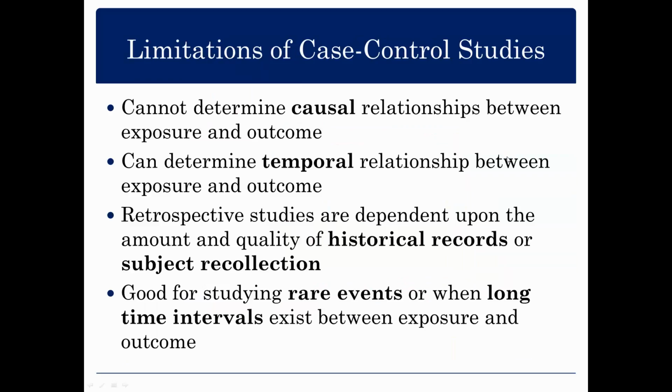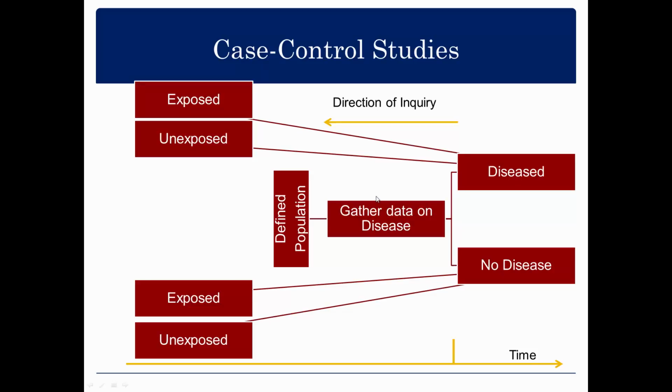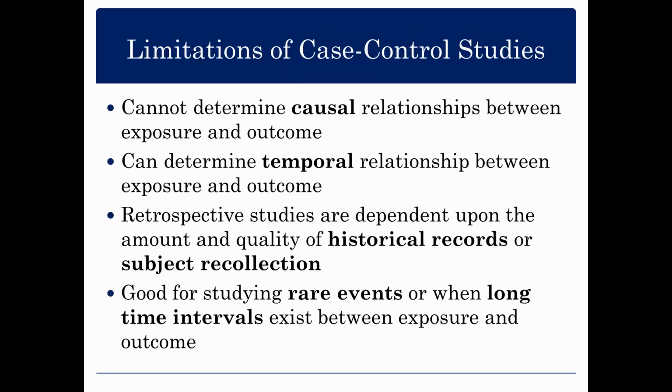The limitations of case control studies include the fact that we, again, can't determine cause and effect simply because we're only gathering data on their disease. There's no randomization here to minimize the impact of other potential factors that could be causing variation in our outcome aside from the exposure status.